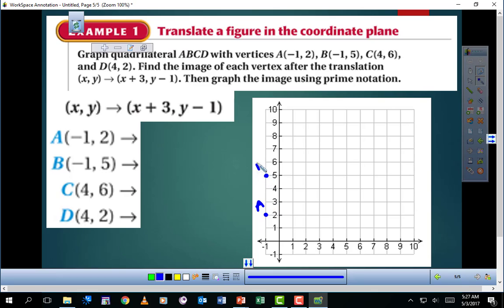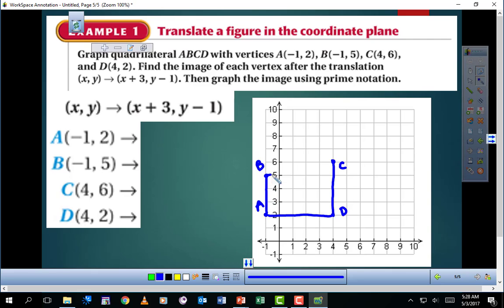So there's B. And C is at 4, 6. 4, 6 right here. C. And D is at 4, 2. So this is where D is. And of course we would just connect the dots.